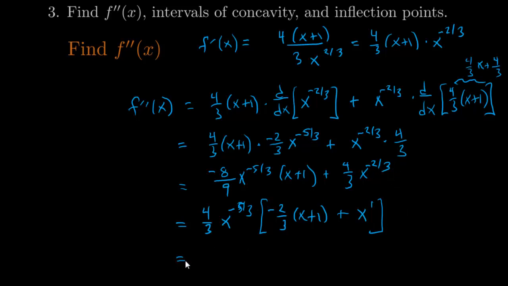So we just have to clean that up. 4/3 x to the negative 5/3. That's going to be negative 2/3 x plus, oops, sorry, that'll be a minus 2/3. There we go. Plus x, almost done.